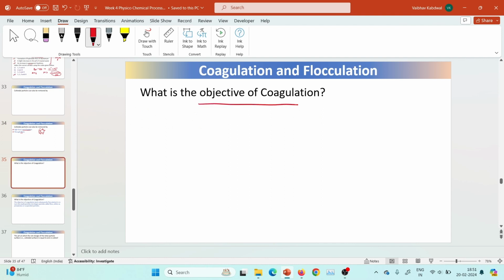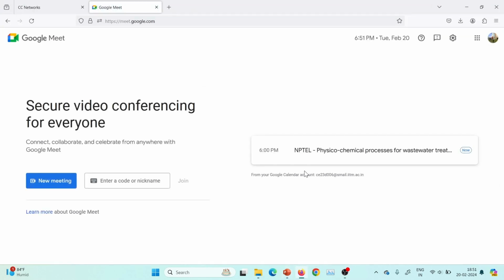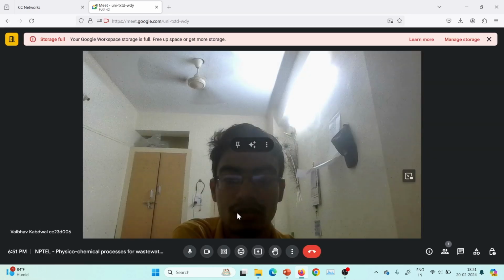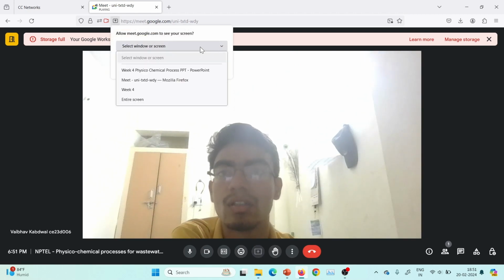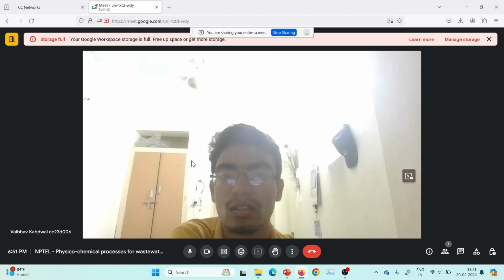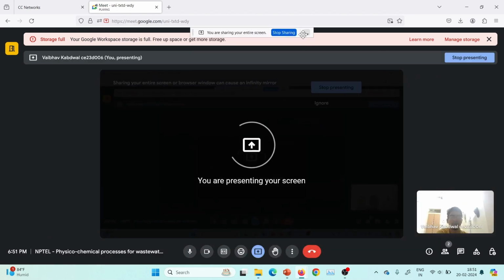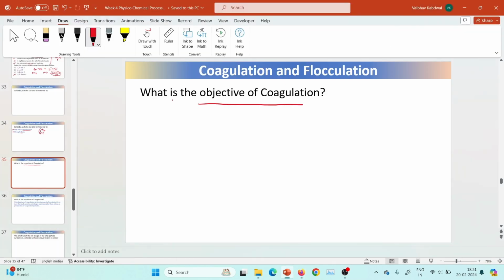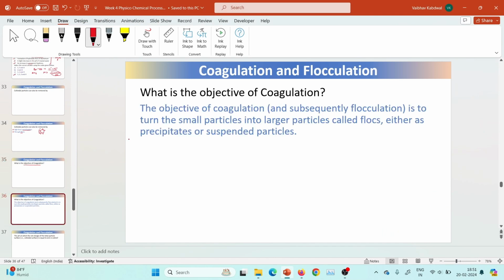What is the objective of coagulation? The objective of coagulation and subsequently flocculation is to turn the small particles into larger particles called flocs.